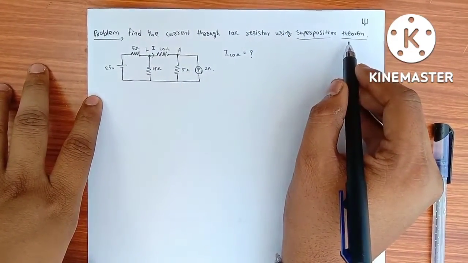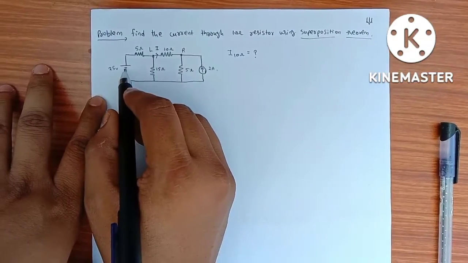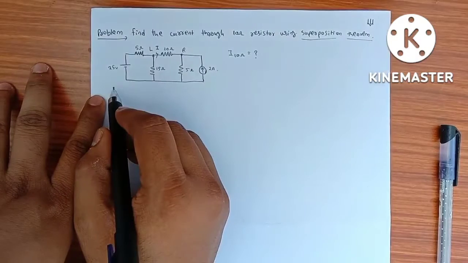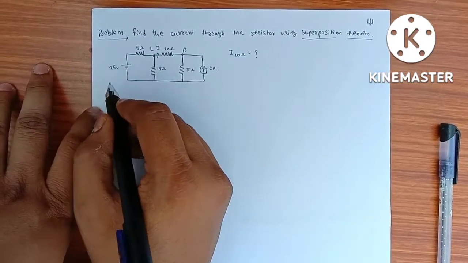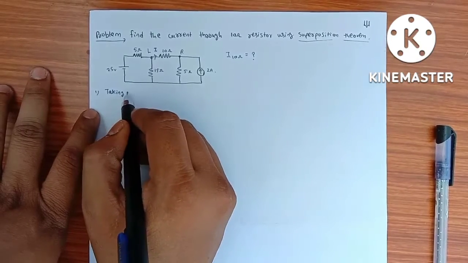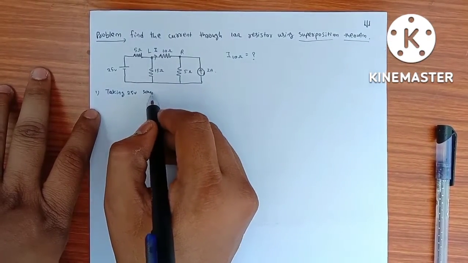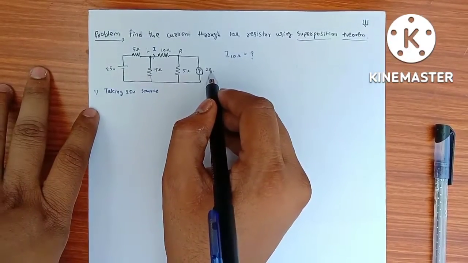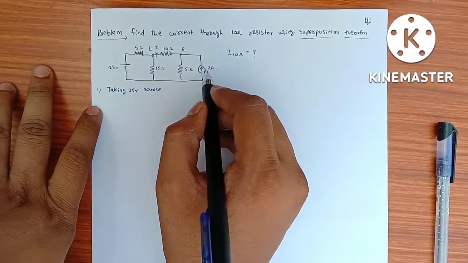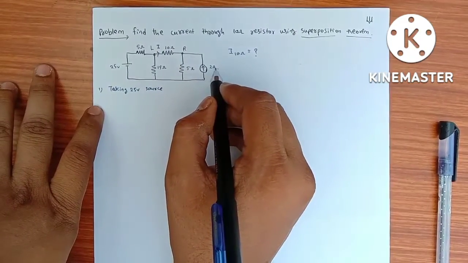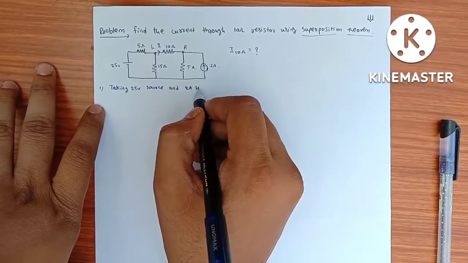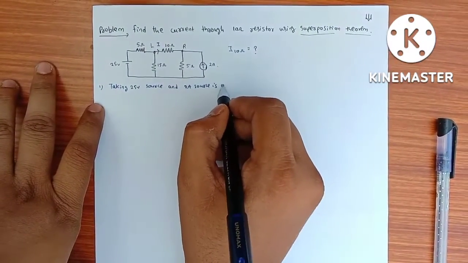By superposition theorem, we should take each source separately and replace other sources with its internal resistance. So in case 1, I am taking the 25 volt source and replacing the 2 amp source with its internal resistance, nothing but we are open circuiting this source, and the 2 amp source is open circuited.